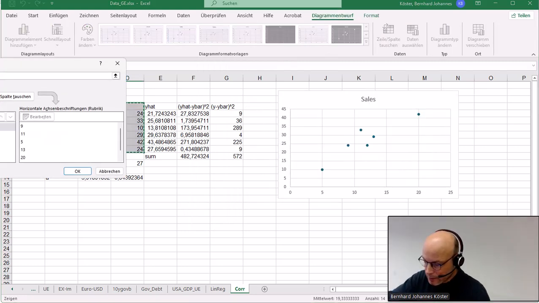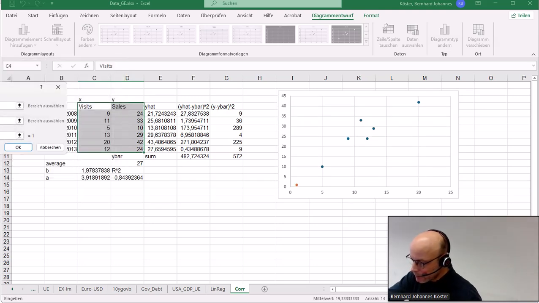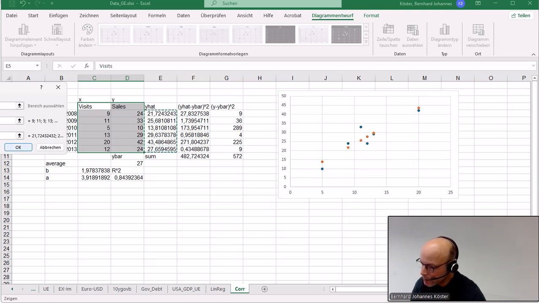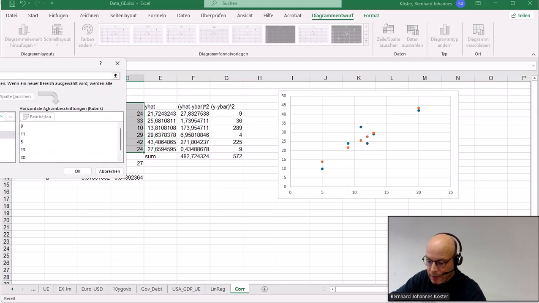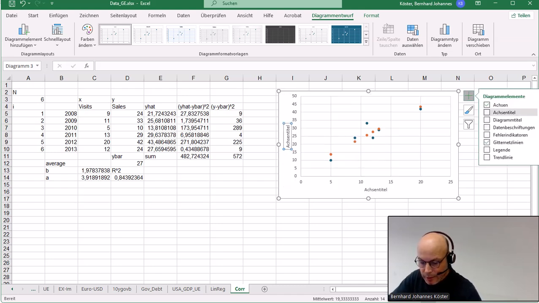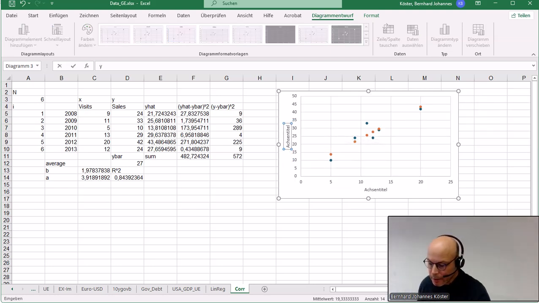And also again the data points lying on this, y and x.